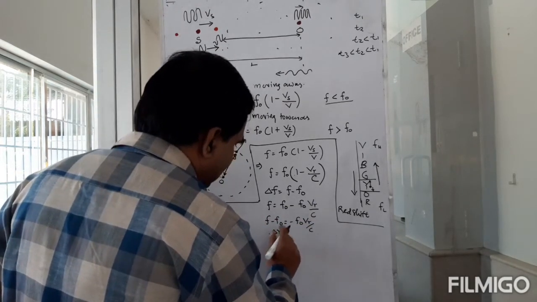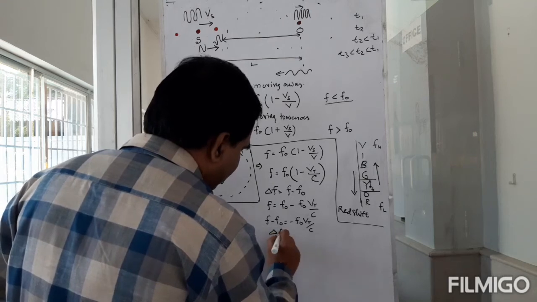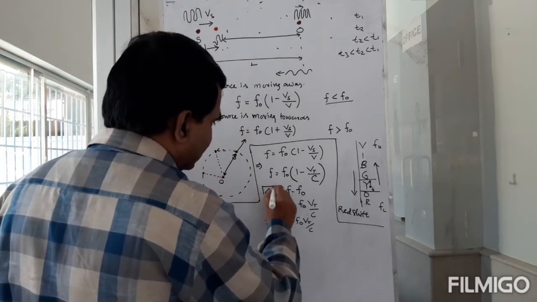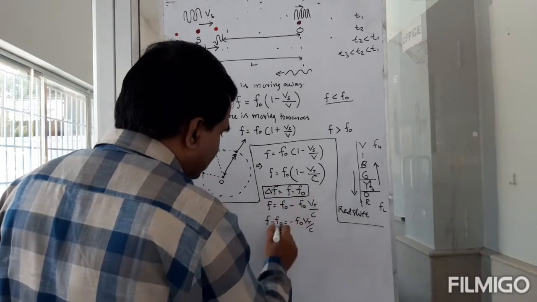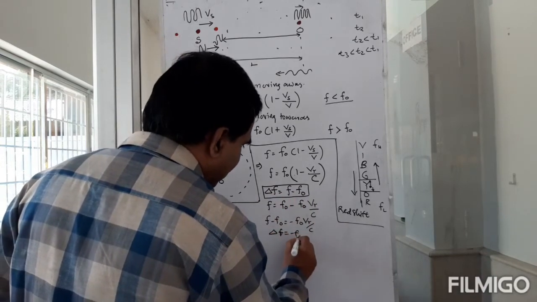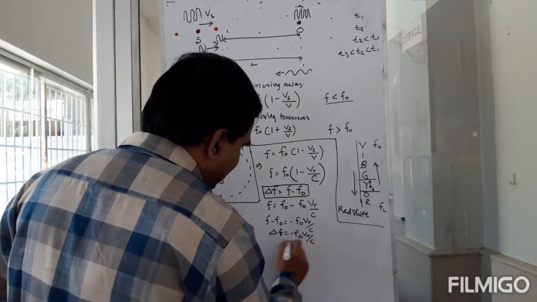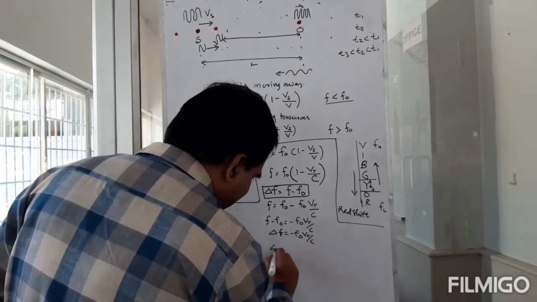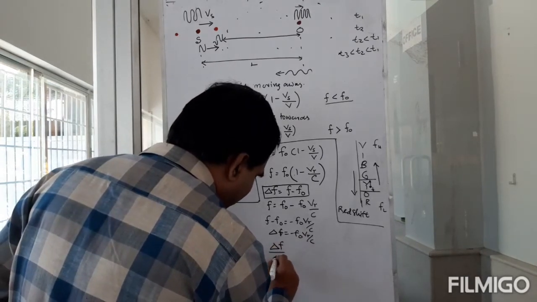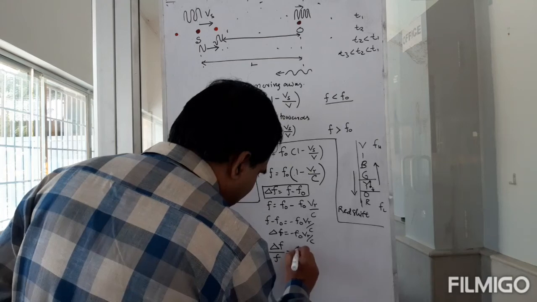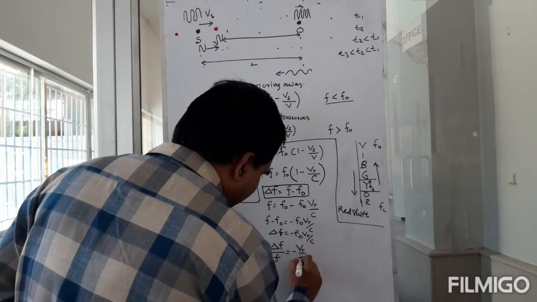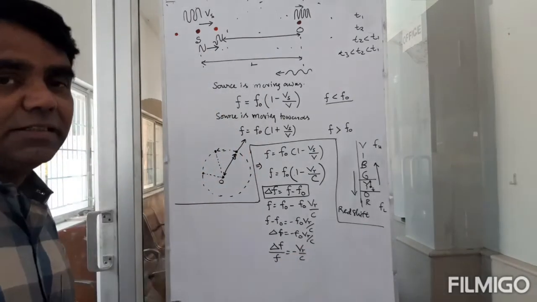That I said is delta f. So delta f is equal to minus f naught into VR by C. I bring it here. So delta f by f naught is equal to minus VR by C. So that should make sense to you.